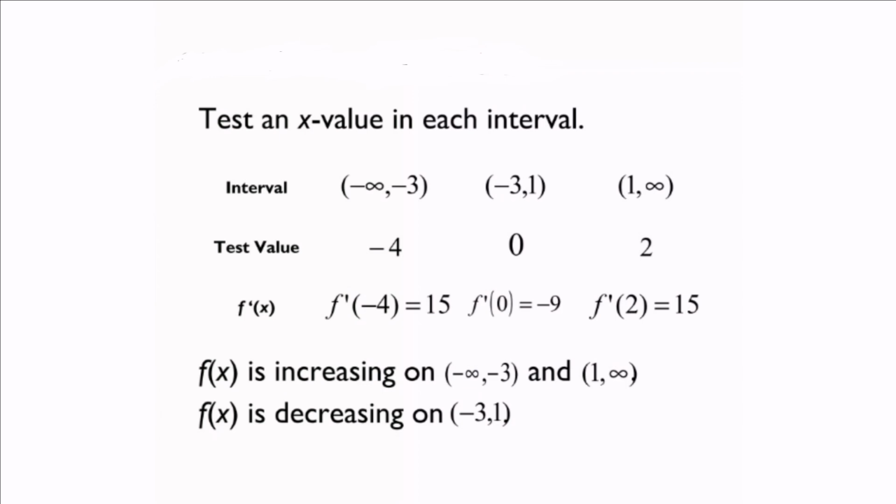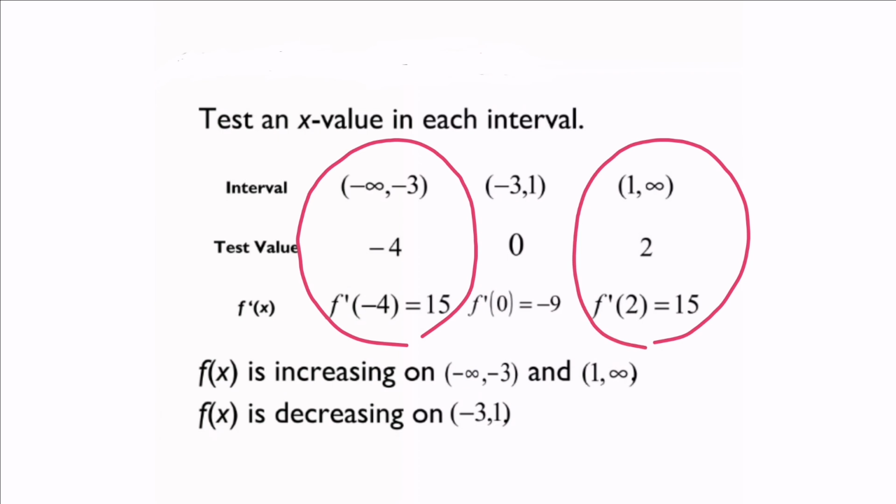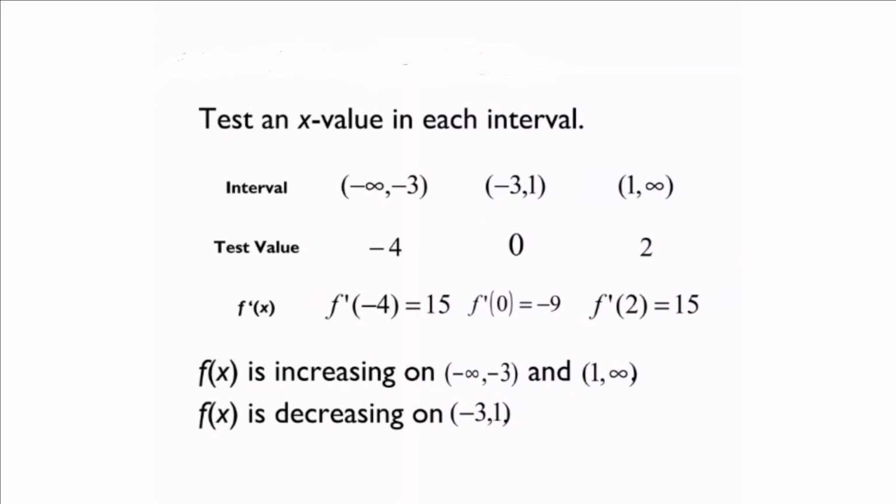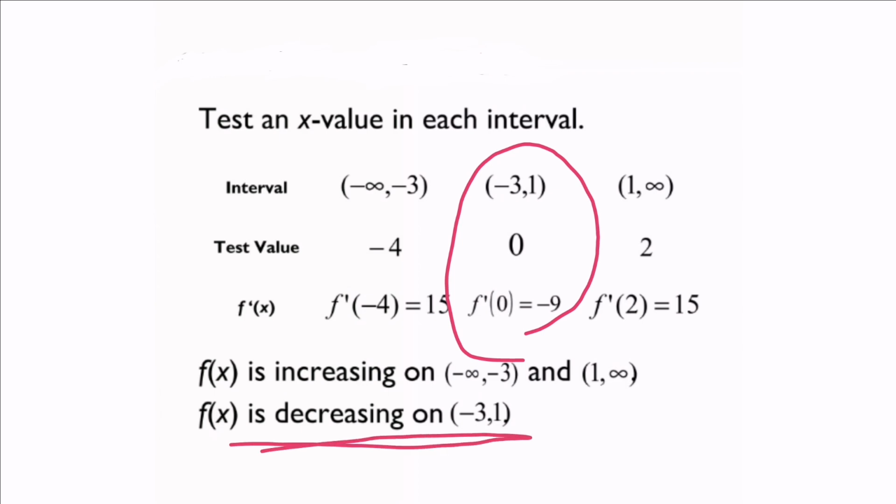So in first subinterval and third subinterval, function is increasing. And on the second subinterval, first derivative is less than 0, therefore function is decreasing on minus 3 to 1.